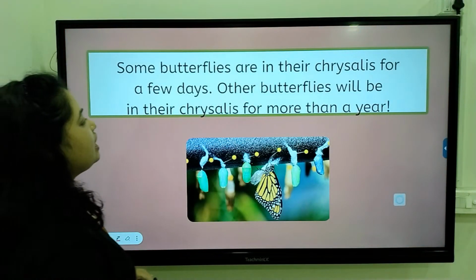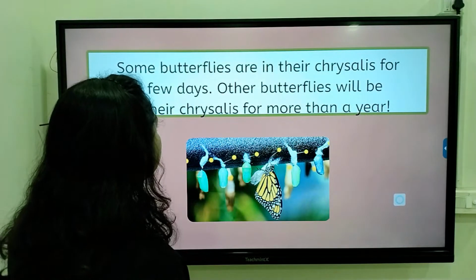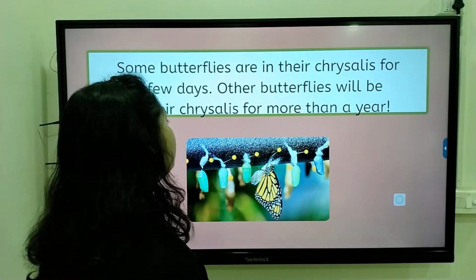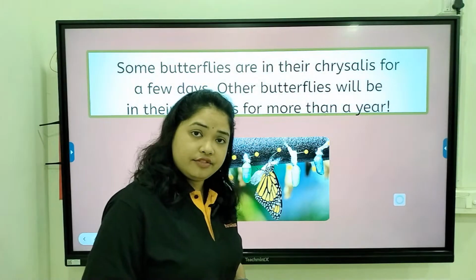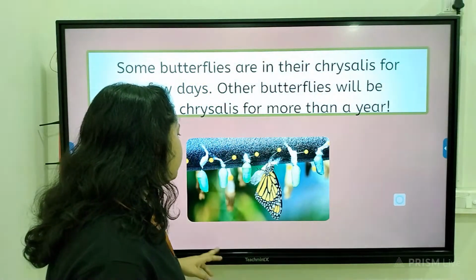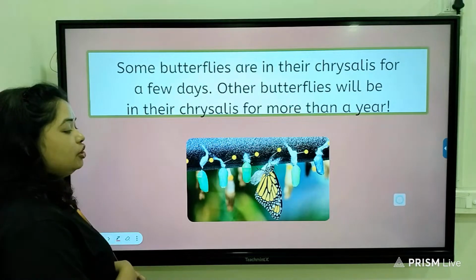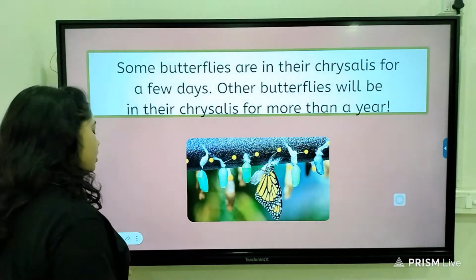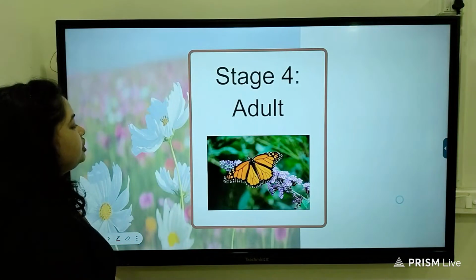Some butterflies are in their chrysalis for a few days, while others will be there for more than a year. Again, it varies according to the species, so their tenure inside the chrysalis will vary from species to species.